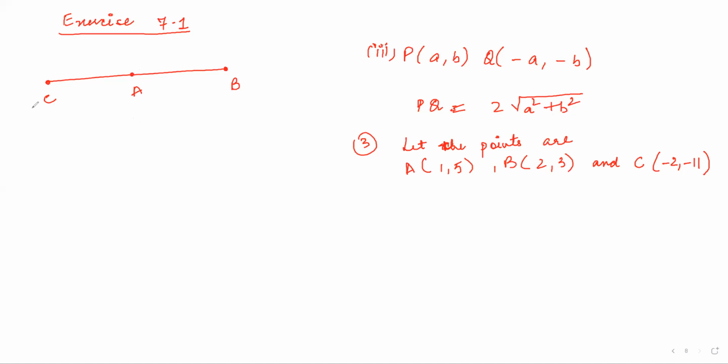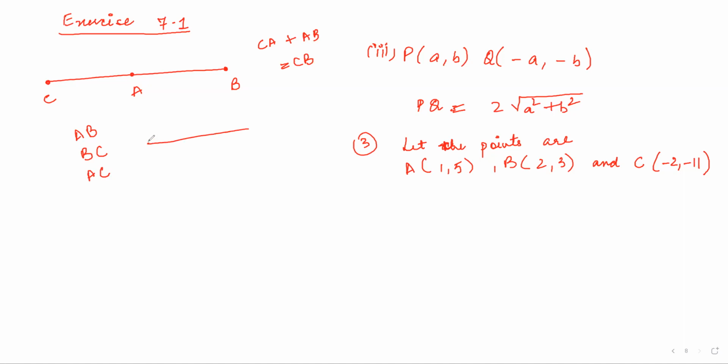So if I want to show that the points are collinear, exactly what I'll do is check the distances between the two points. I calculate the distance AB, the distance BC, and the distance AC. In this figure, you can see that if you combine the distances, CA plus AB should be equal to CB, right?